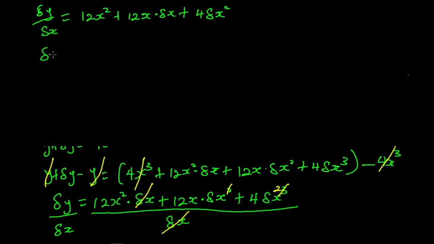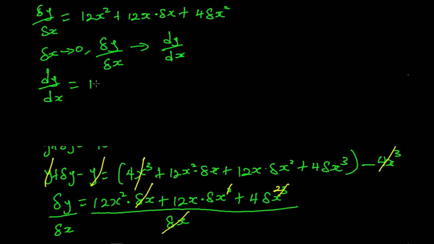Now as delta x approaches 0, delta y over delta x approaches dy over dx. So that means we have dy over dx equal to 12x squared plus 12x multiplied by delta x, which is going to become 0, plus 4 delta x squared, which is also going to become 0.